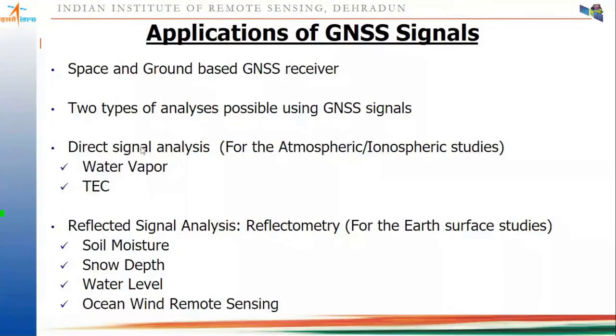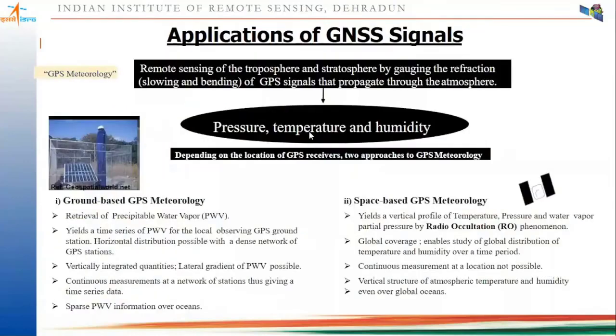It is also used for ocean wind remote sensing. So these are basically the two types of signals generally used for different applications of GNSS signals.